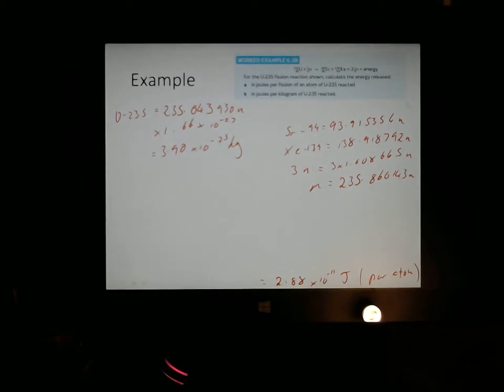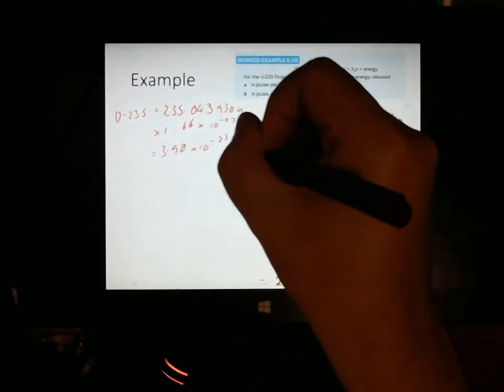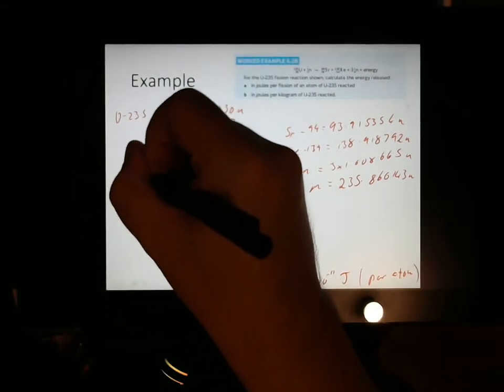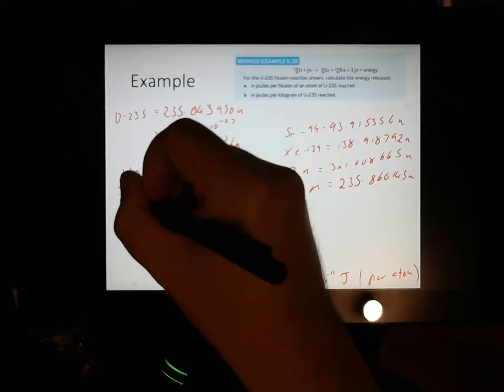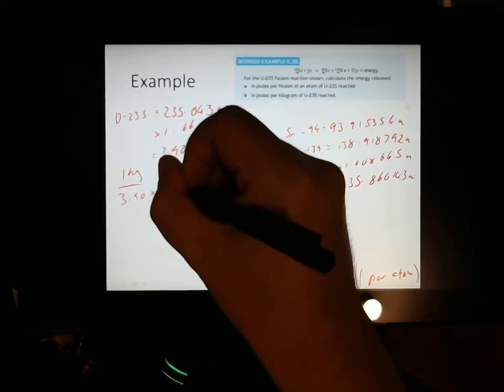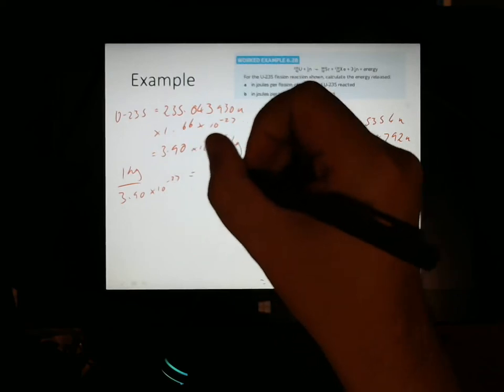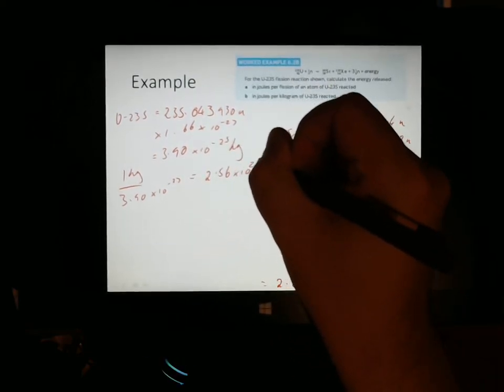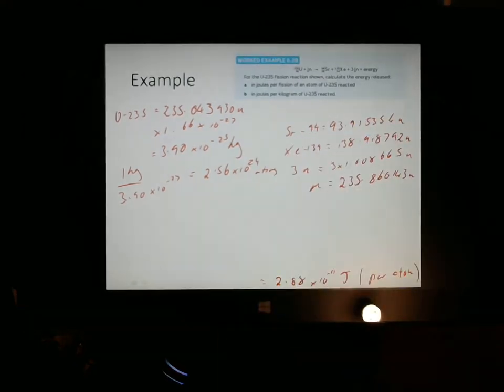Well, we want to know how many atoms are in this thing? The way to work this out is if we take 1 kilogram and divide that by that, we'll know how many atoms go in it, because we're after really how many groups go into this. Divided by 3.90 times 10 to the negative 25 is equal to 2.56 times 10 to the 24 atoms. Okay, and now we've got the amount of atoms, and we know the amount of energy from one atom.